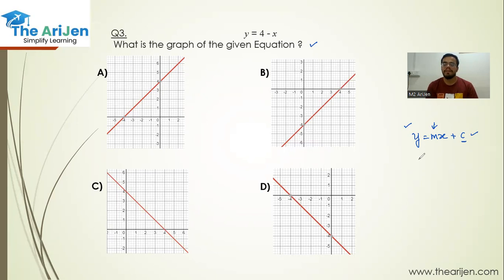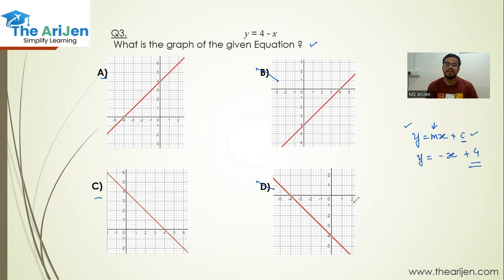Make this equation y = -x + 4. Now see which of these graphs has a plus 4 intercept. It is option A or option C, so options B and D are wrong.